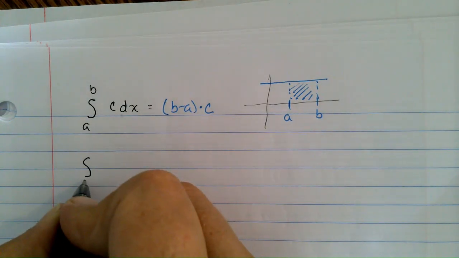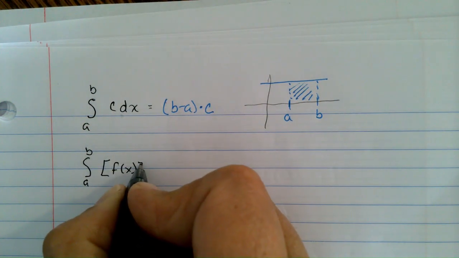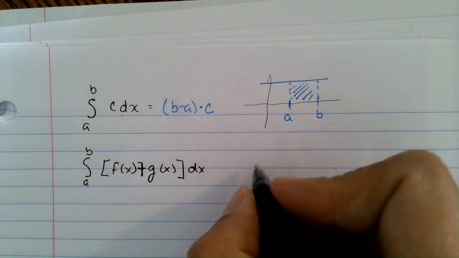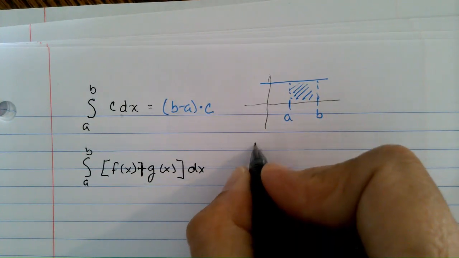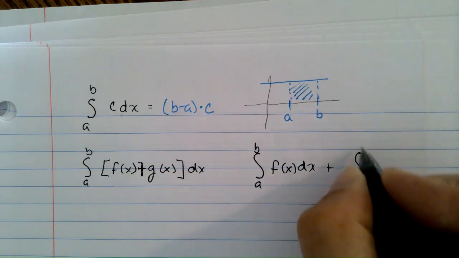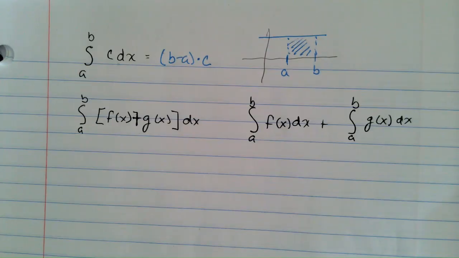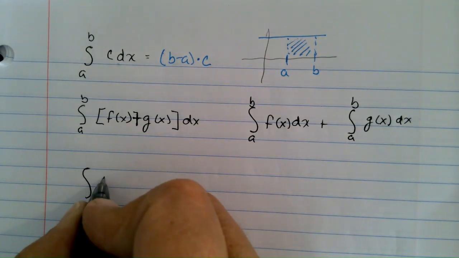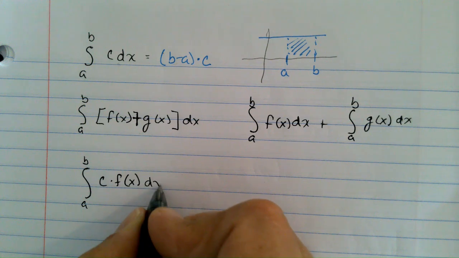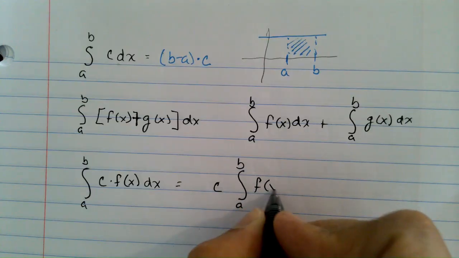If you're doing the integration from a to b of two equations added together, you can actually just do a to b of your first one and a to b of your second one. Okay. If you have a constant multiplying your f of x, you can actually pull your constant out, which we did in the one example.